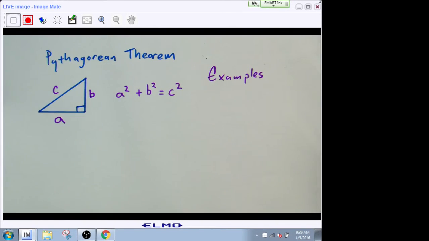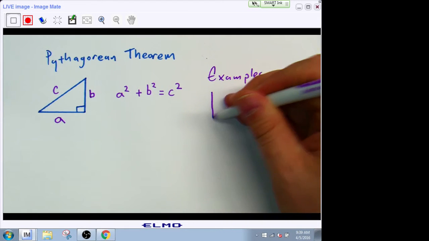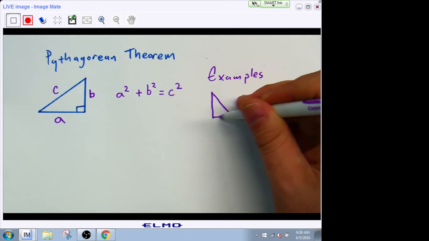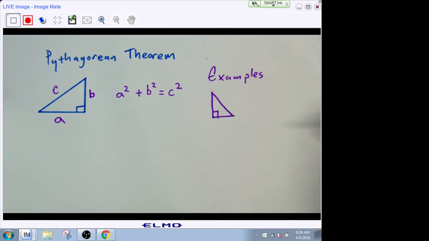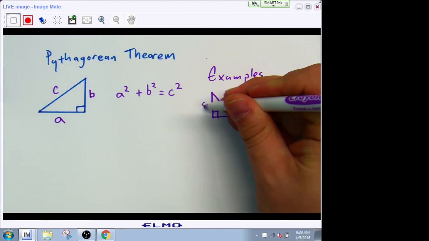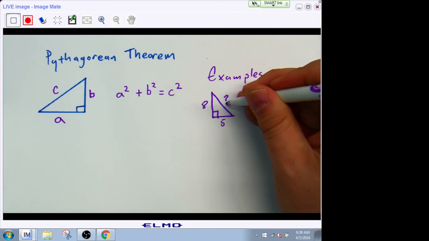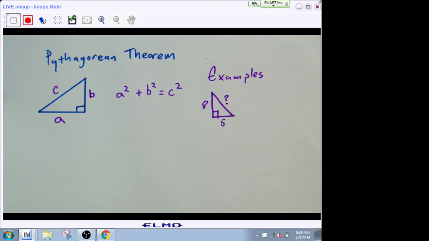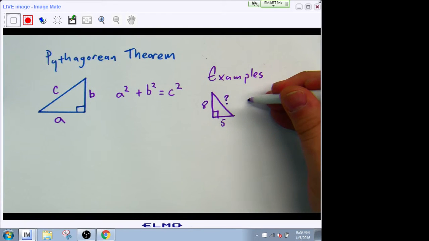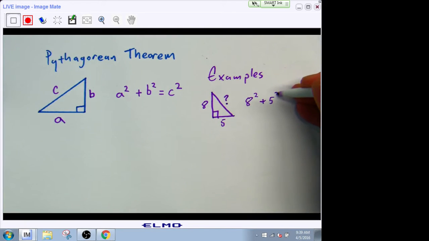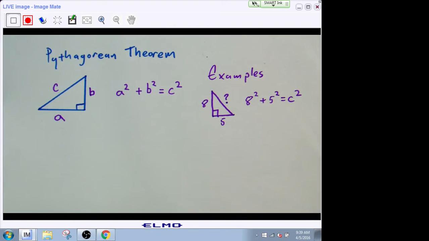Okay? If I had a triangle like this, where that was my right angle, and this was 8, and this was 5, and we didn't know what this is, we could take 8 and square it, add 5 and square it, and that will equal, in this case, our length of C squared.